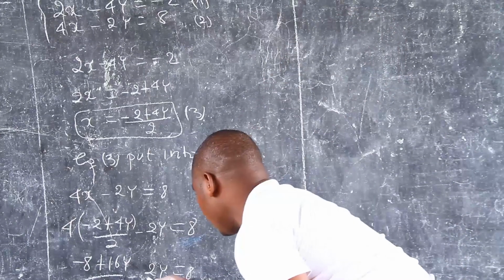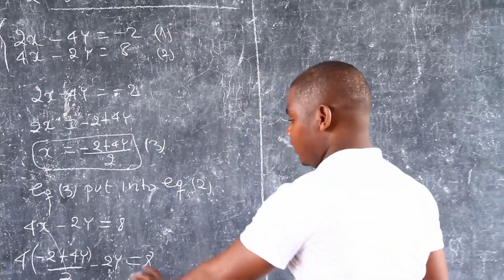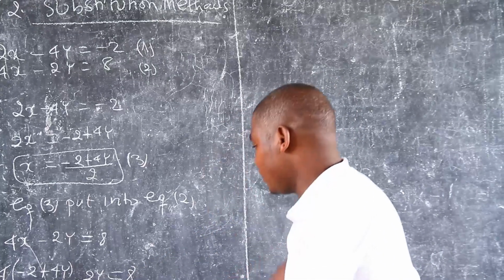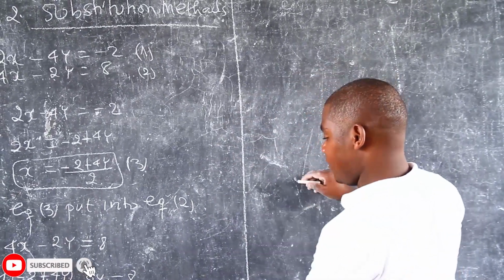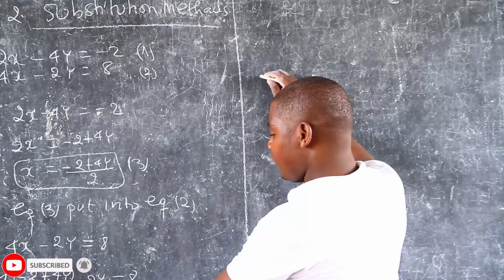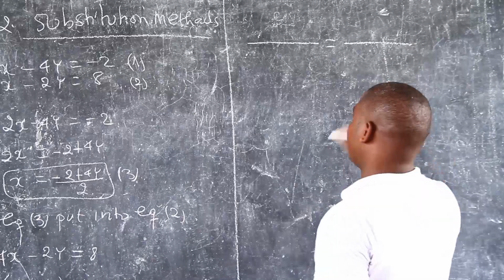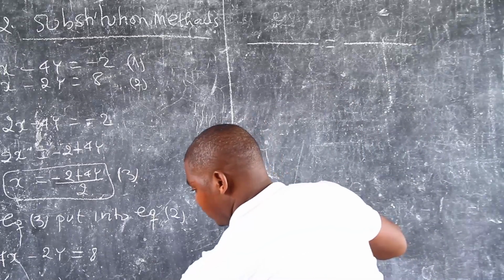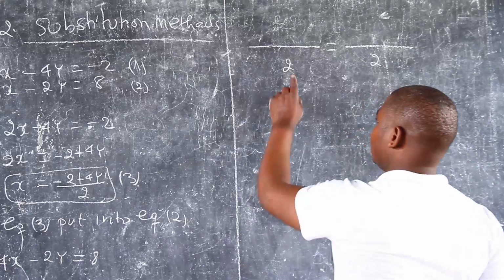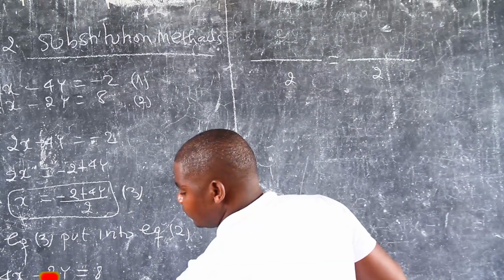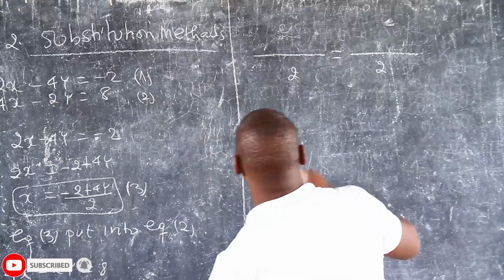Here you can put 1, and here you can put 1. We know we have the lowest common multiple, which I find is 2. Here I put 2 and 2. 2 divided by 2 equals 1. 1 times here, I find this.